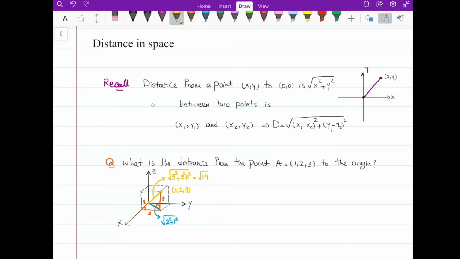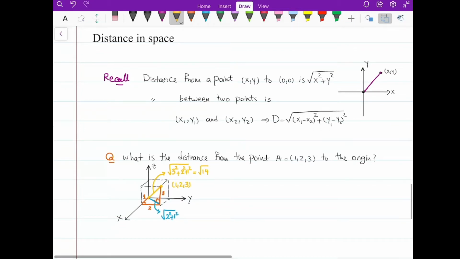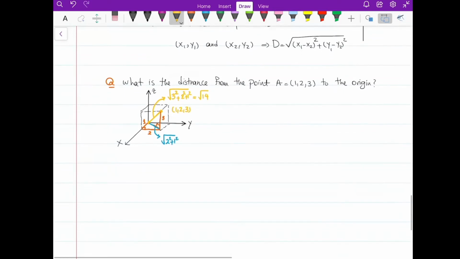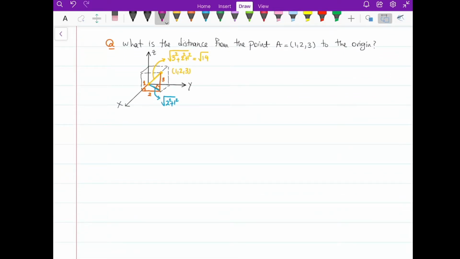Therefore I can say that the distance from a point, for example (a, b, c), to the origin is equal to square root of a squared plus b squared plus c squared.